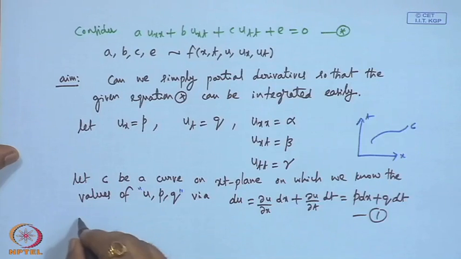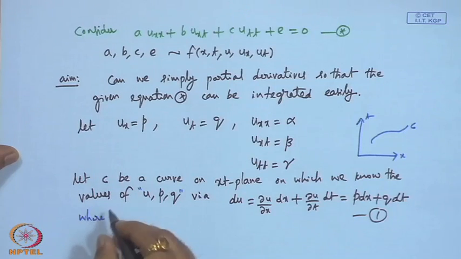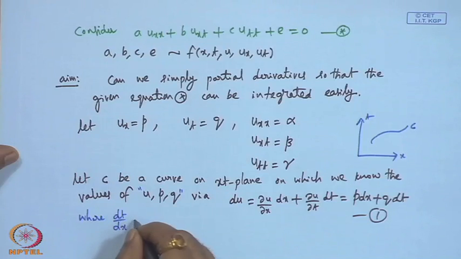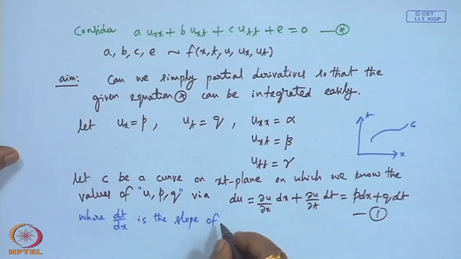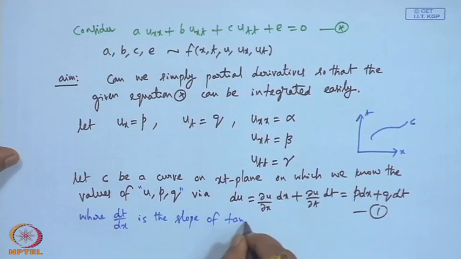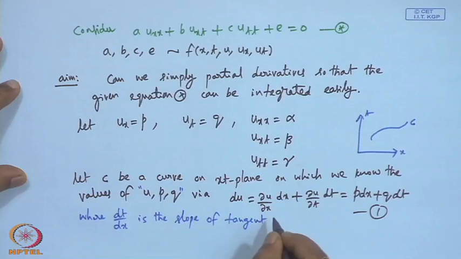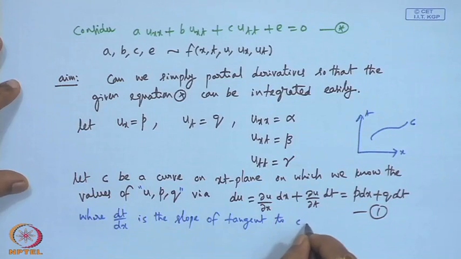So, here dt by dx is the slope of tangent to C at x t.